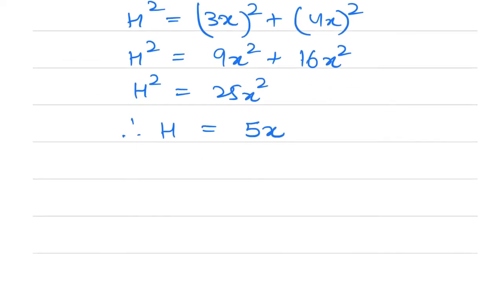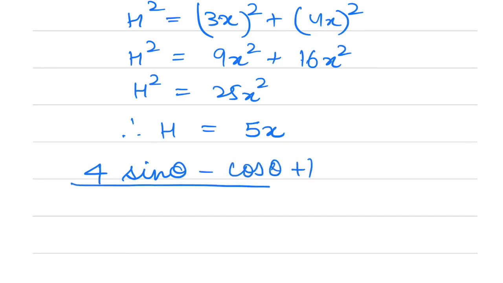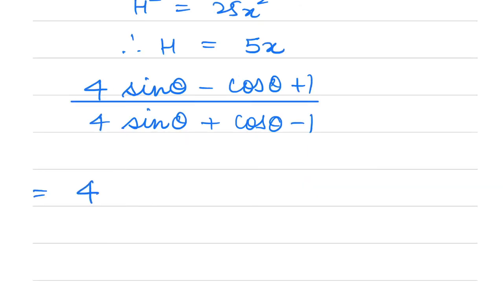Now, we have to find out the value of 4 sine theta minus cos theta plus 1 divided by 4 sine theta plus cos theta minus 1. Sine theta we know is perpendicular by hypotenuse.